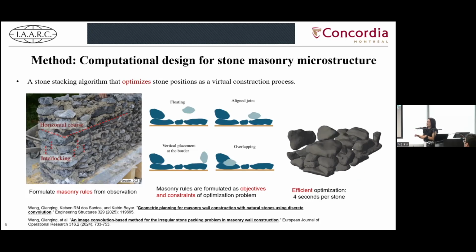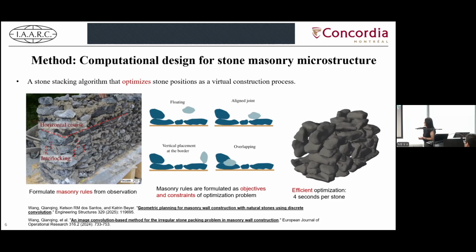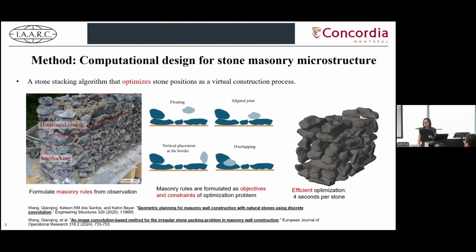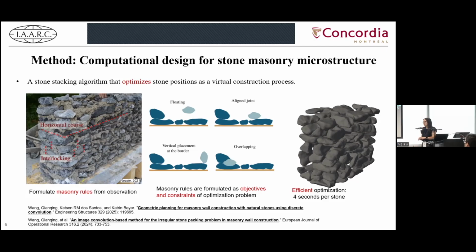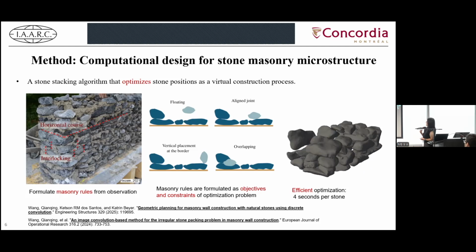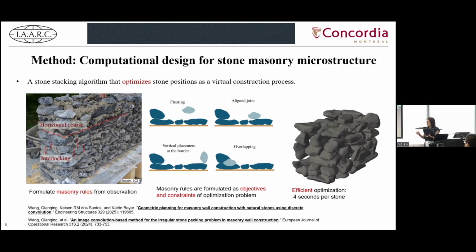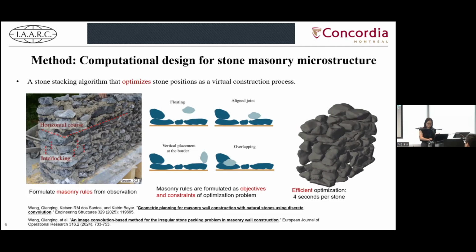We formulated these rules into an optimization problem, and then we solve it with a technique, discrete convolution, and in the end we achieve an optimization efficiency of 4 seconds per stone. So it takes us 4 seconds to determine where a stone should be.